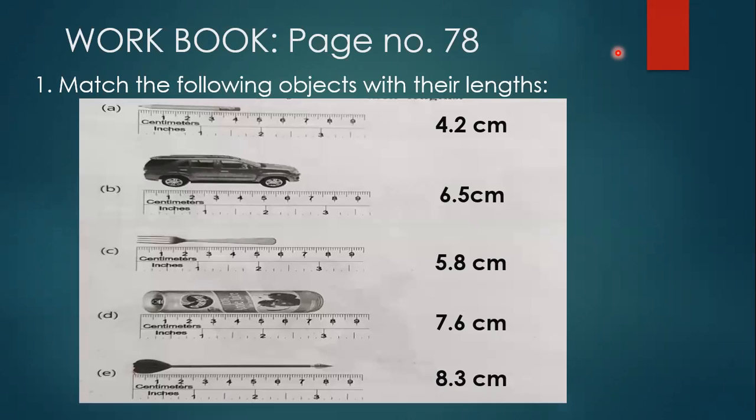And the small line shows 1 millimeter, that you have to remember. Small lines are shown in between two successive measures of centimeter, and each small line shows 1 millimeter.